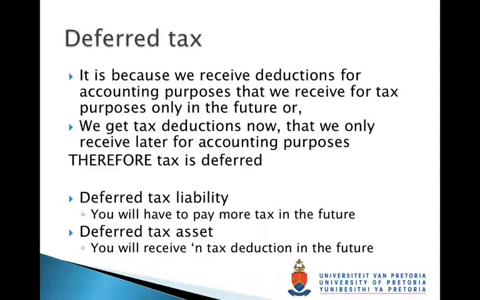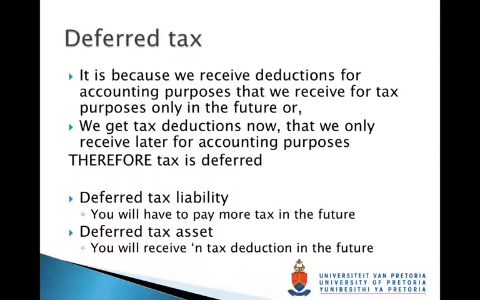Therefore, tax is deferred. For example, if you look at depreciation, for accounting, you depreciate more than for tax, so there is a difference. For tax, you will get it later on, where for accounting, you get it now. So there is a difference in the accounting treatment and the tax treatment. Therefore, that tax is deferred, and therefore, we have deferred tax.